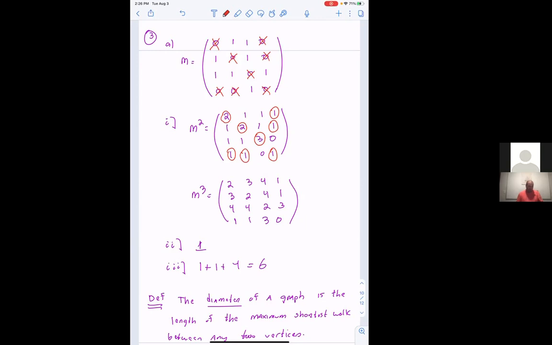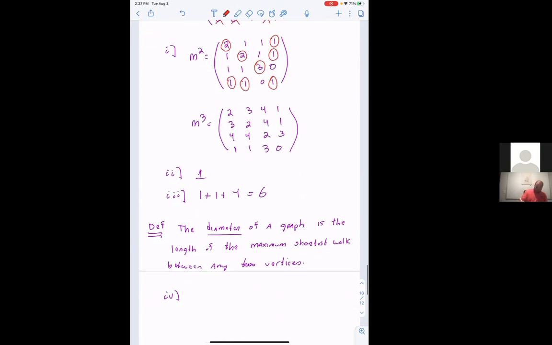So the maximum shortest walk between any 2 vertices is 2. Therefore, the diameter of this graph is equal to 2. In 2 steps, I can get from anywhere to anywhere else.